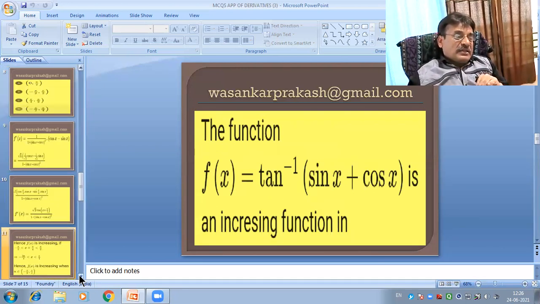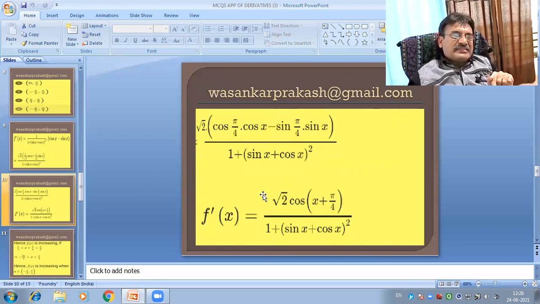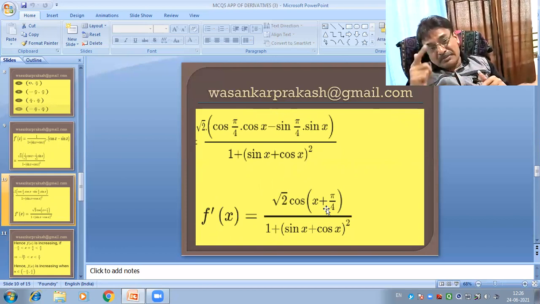Therefore, in the next step, since f of x is increasing, the function is increasing, then this x plus pi by 4 lies in the range of tan inverse x. And we know that the range of tan inverse x is minus pi by 2 strictly less than x less than pi by 2.